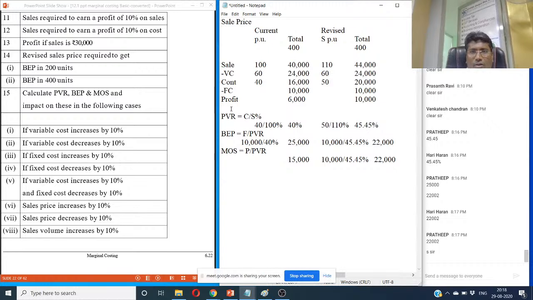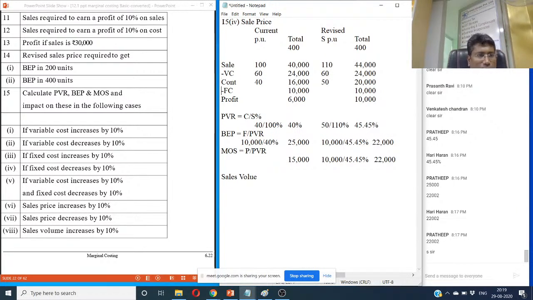Now I'm going to work out the sales volume change. Sales price change is all about the 6th one, 15th question, subdivision being 6 to 1.